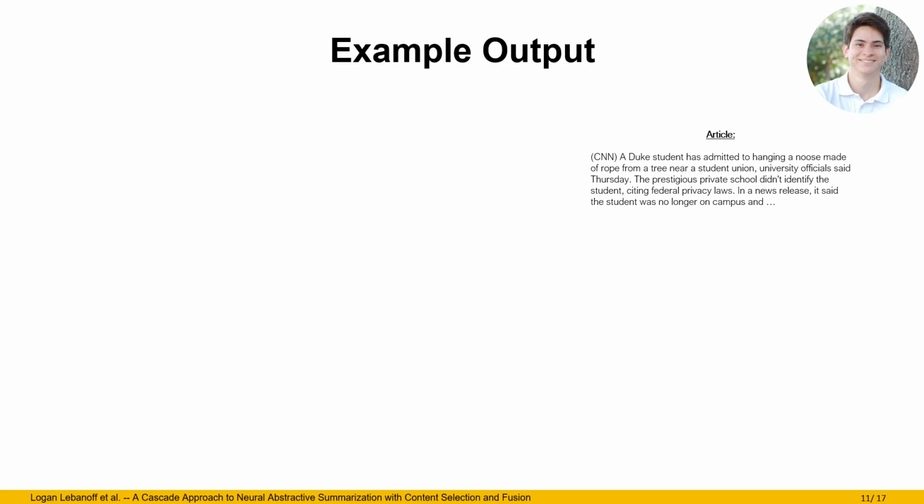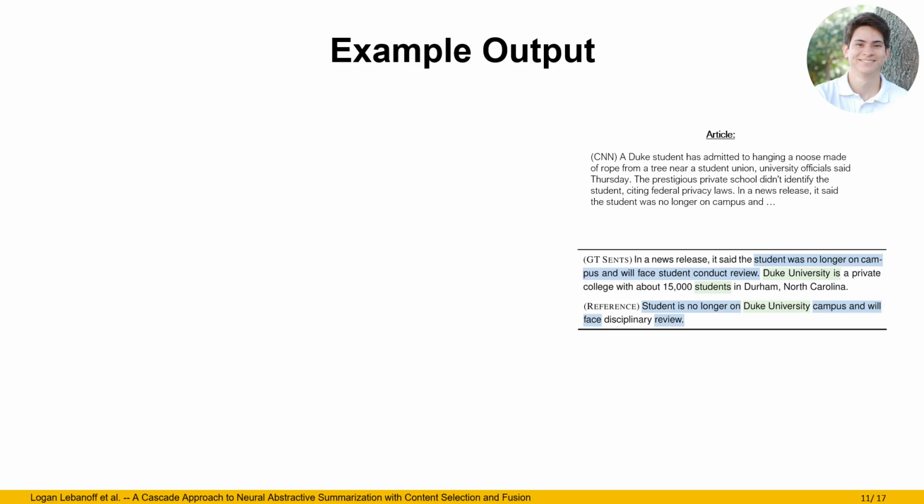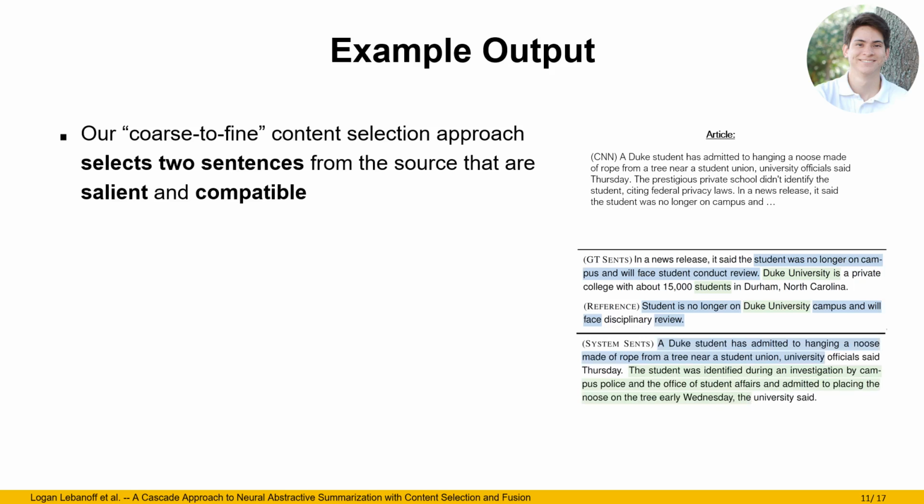Now let's take a look at some example outputs. First, we have the reference summary sentence, which was written by a human for this article. And we also have the two article sentences that were used to create this reference sentence. Now, our model chooses these two sentences from the article, and these two sentences are salient and compatible.